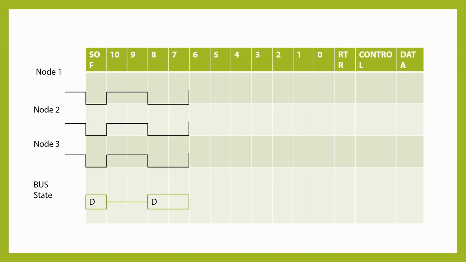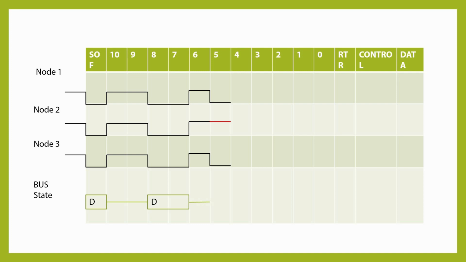Now moving forward, the 6th bit of all three nodes is at logic 1, which means the bus is now in a recessive state. When it comes to the 5th bit, for node 1 it is logic 0, for node 3 it is logic 0, but for node 2 it is logic 1. What does logic 0 mean? Logic 0 means dominant state.